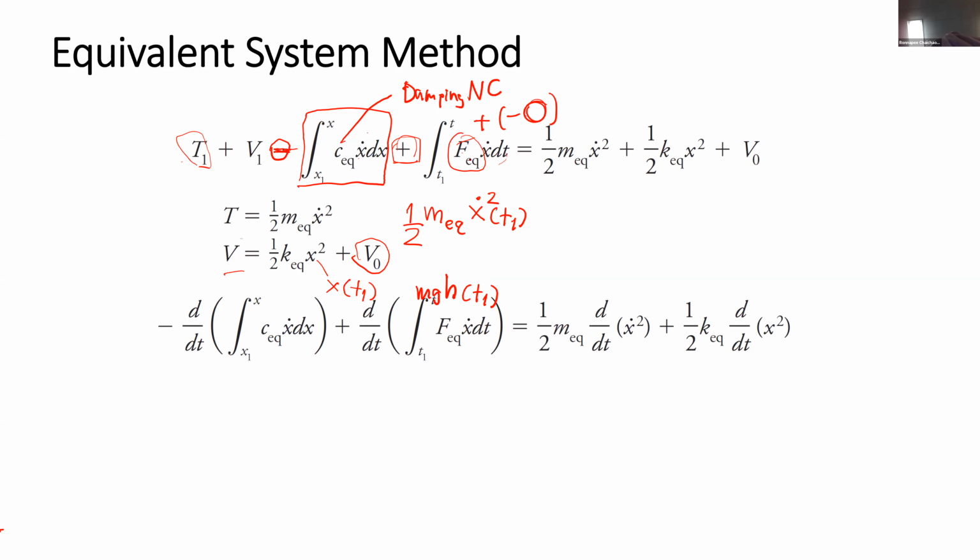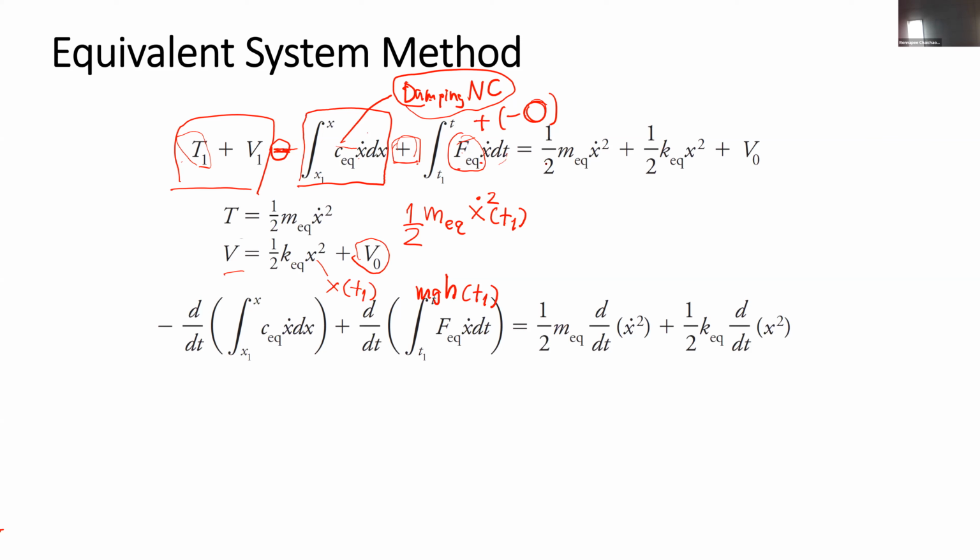And the meaning of this equation is we have the energy at the initial state. We dissipate some energy through the damper by the work due to non-conservative force from the damper. And we add some external source work through this term.